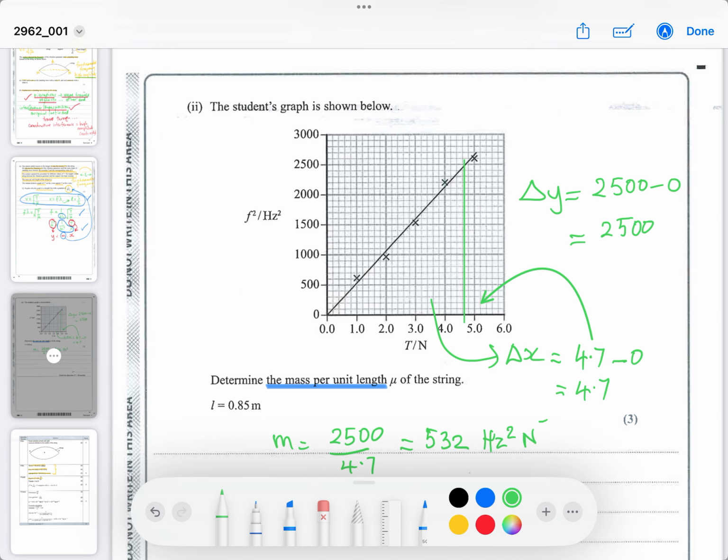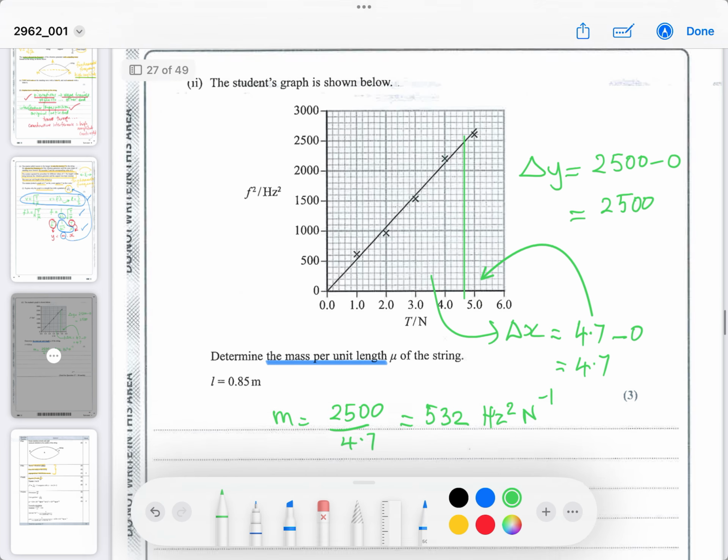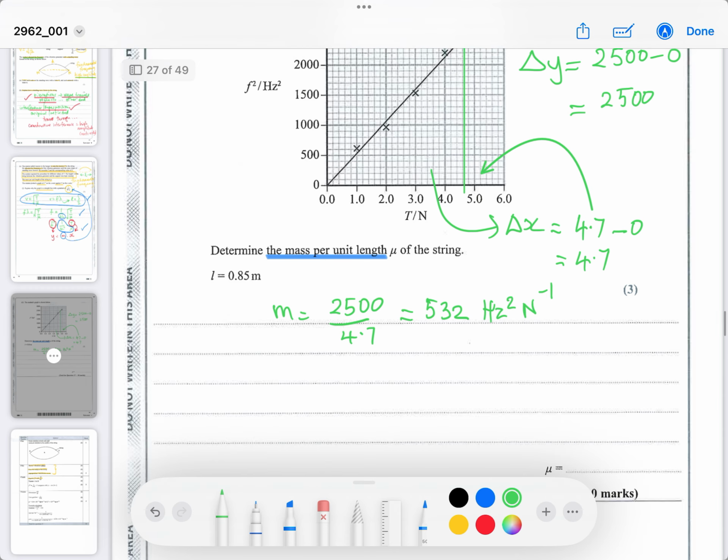I don't think they'll be fussy on that. Okay, so once you know the gradient, you then have to equate it to what we proved on the previous page. So therefore m will be equal to 1 over 4L squared, have a look at what we just wrote on the previous part, over mu.